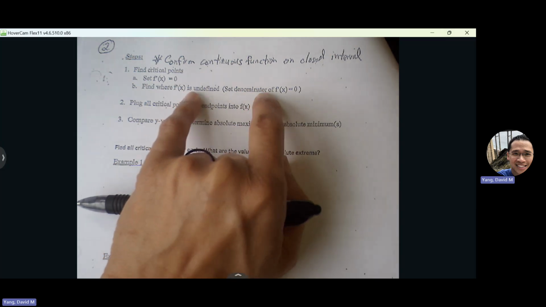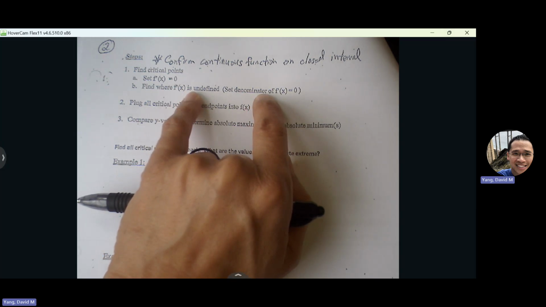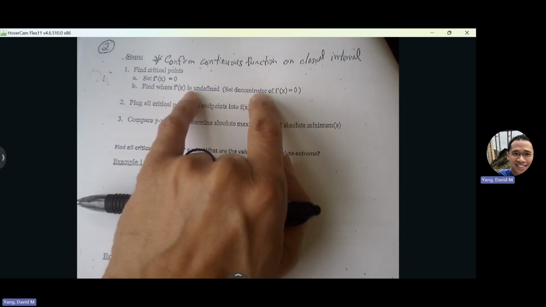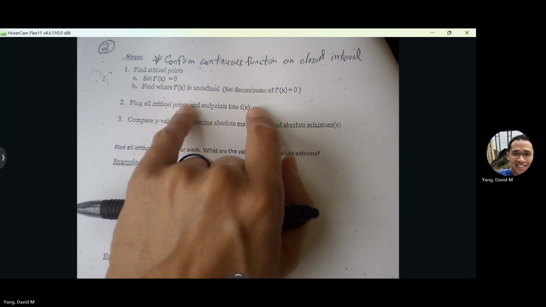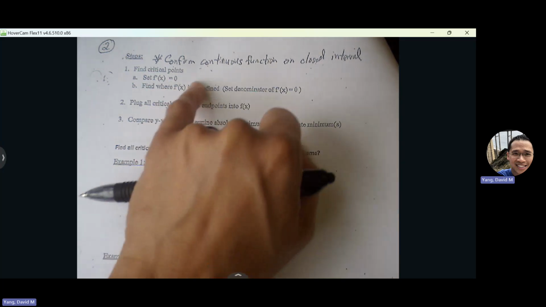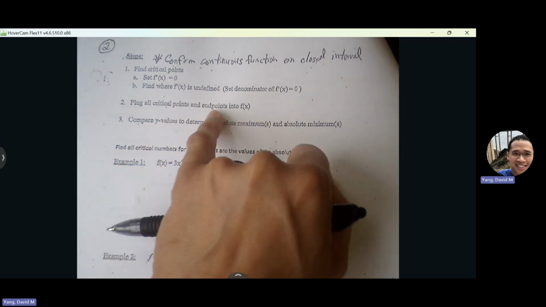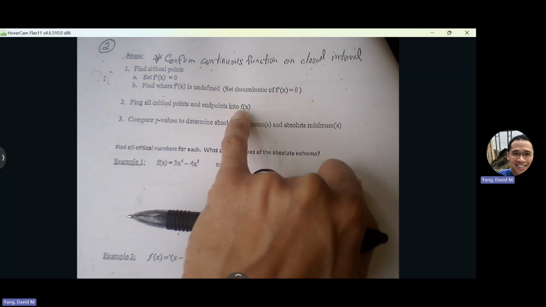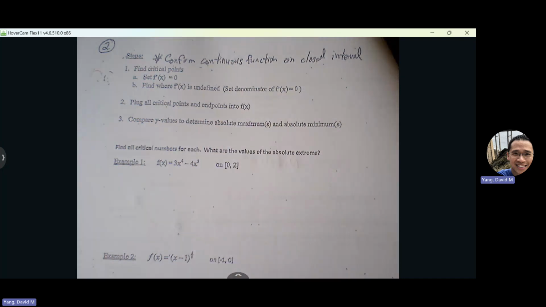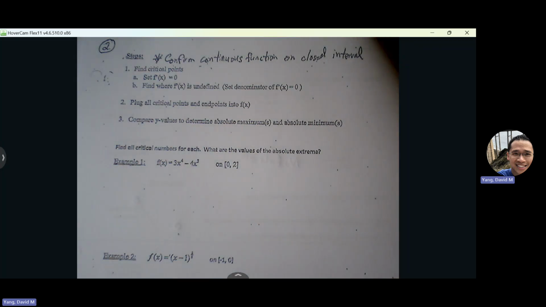If that's the case, we're going to set both the numerator and the denominator equal to 0 separately, and then see if they land inside the interval for us to test. Okay, after we find our candidates from our critical points, we're going to place them and the endpoints back into the original function, and then just compare the y values. This unit, you'll also get to use a calculator.